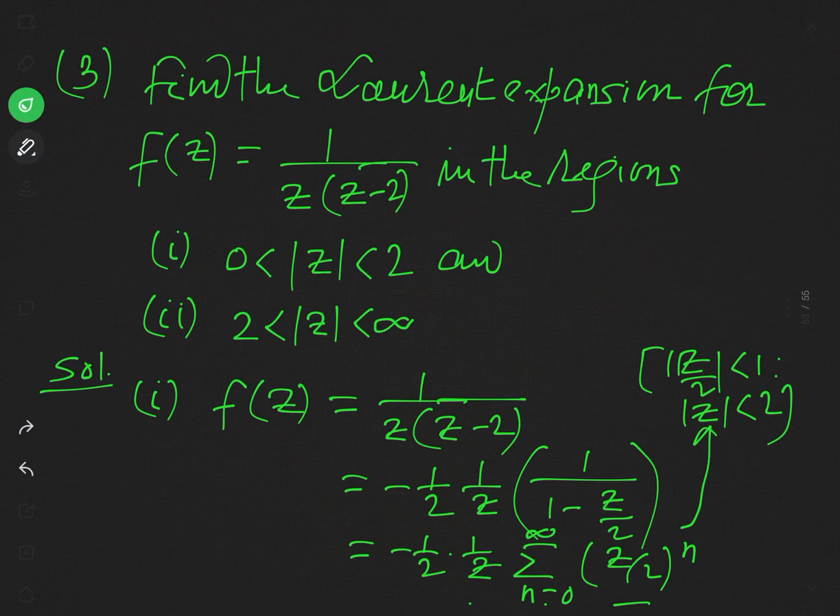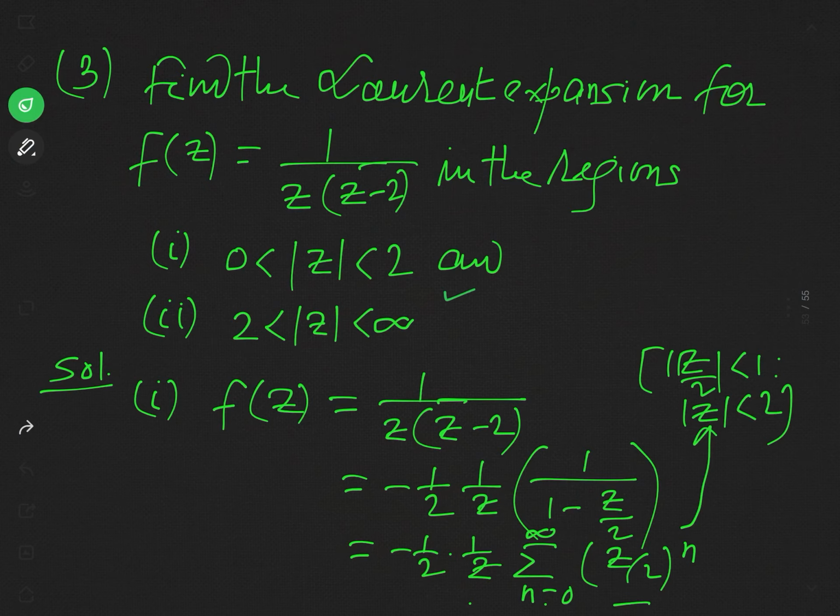The problem states that f of z is 1 over z into z minus 2 in the region, here in fact there are two regions. The first region is 0 less than mod of z less than 2, and the second region is 2 less than mod of z less than infinity. So in these two regions we have to expand this function in Laurent expansion.